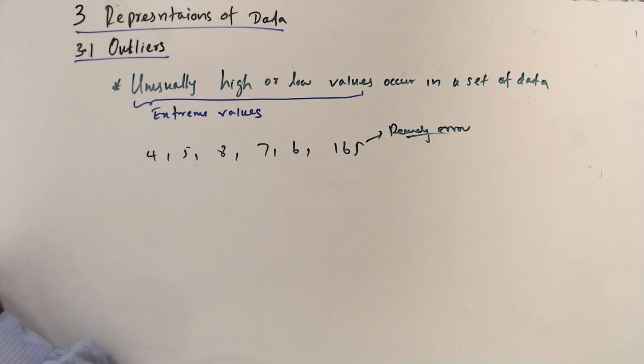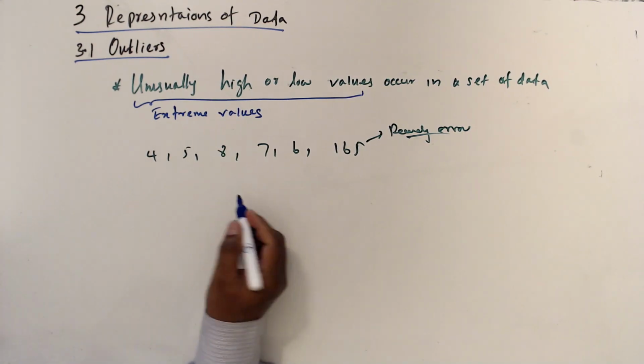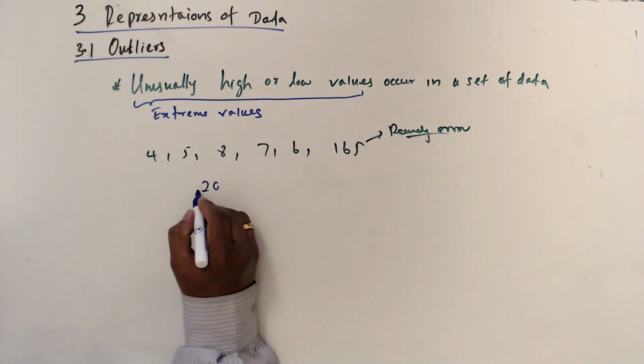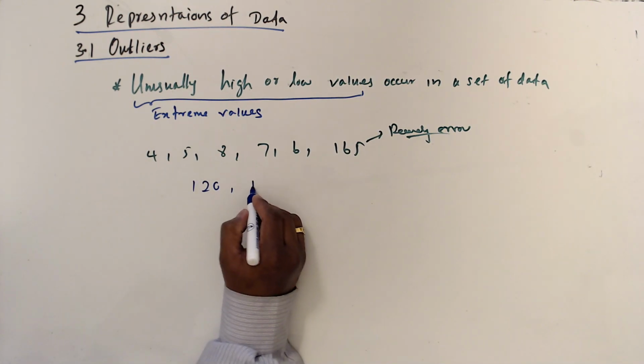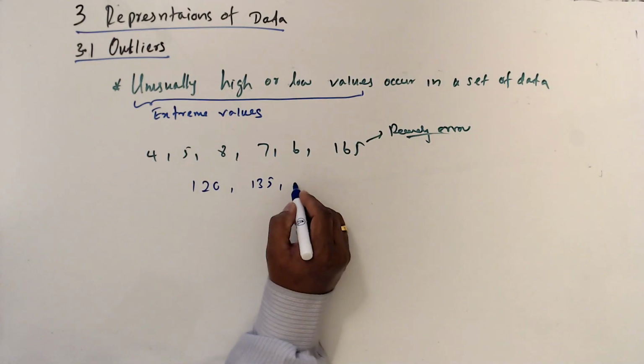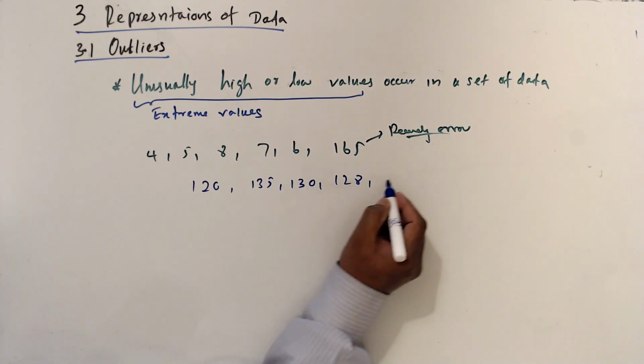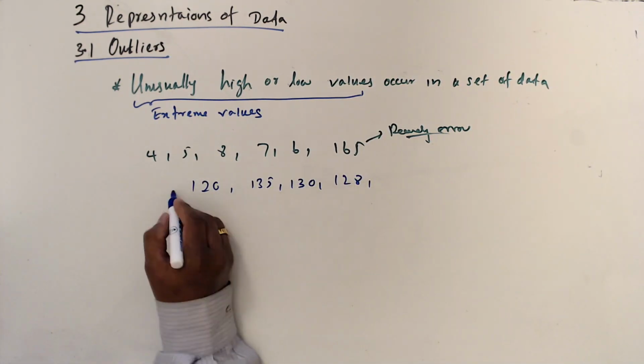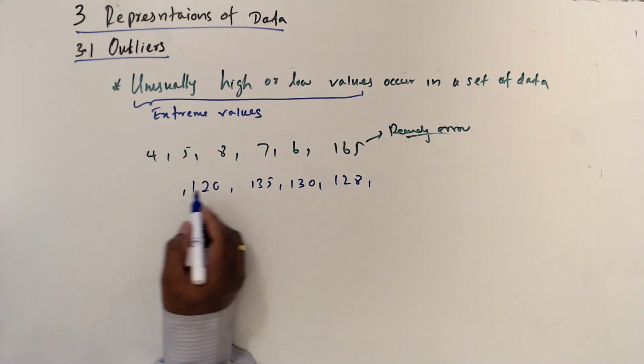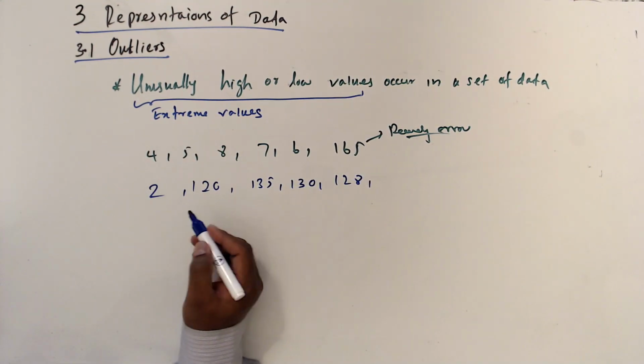Sometimes you may see something like this: 120, 135, 130, 128, and suddenly you may see around 2.